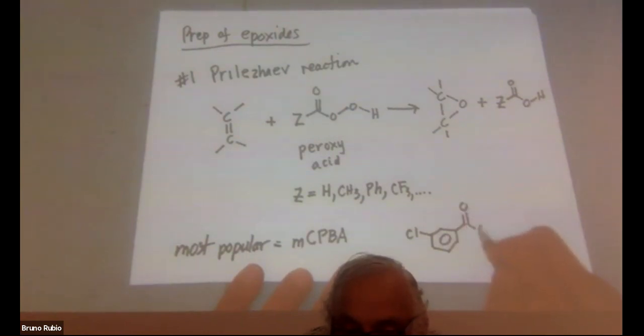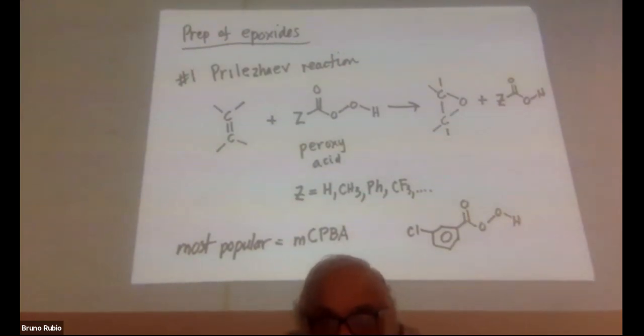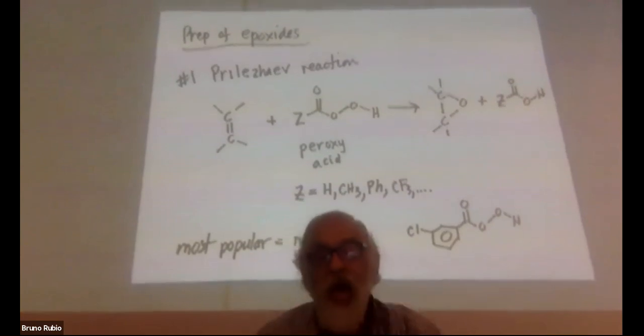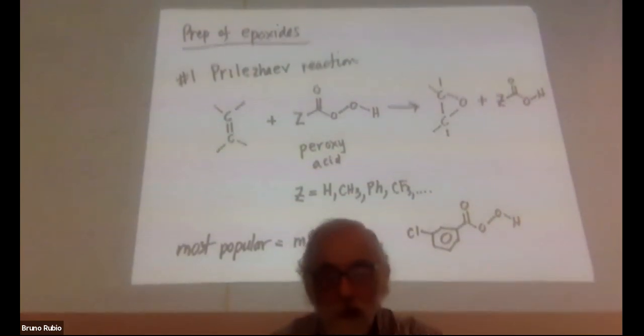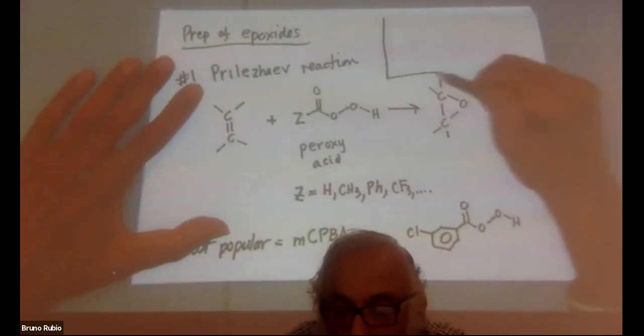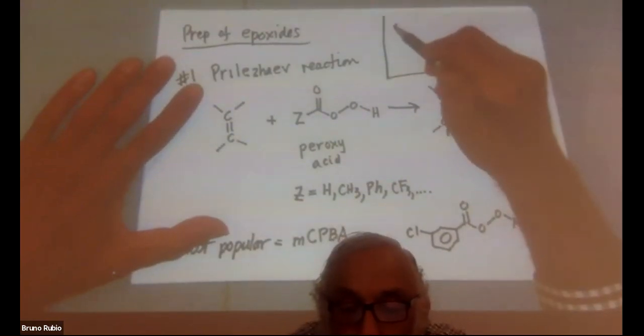So it's this peroxy acid with these, right? So that's MCPBA. If you ever see MCPBA anywhere, that's just the most popular peroxy acid to use in this Prilezhaev reaction.